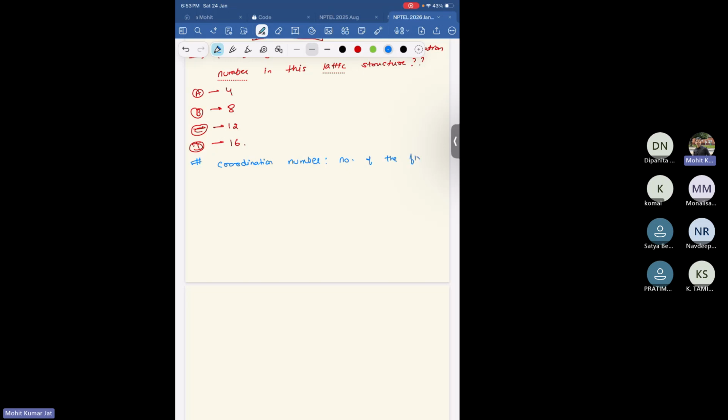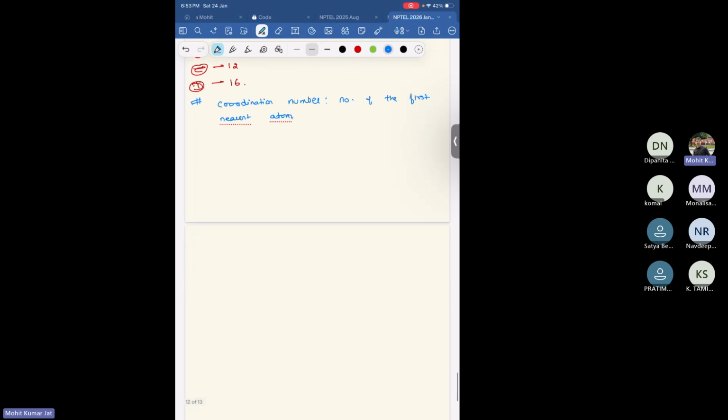the first nearest atoms. And if I draw the FCC structure, as I draw it, you will come to know that it's 12. So say I'm drawing the FCC.